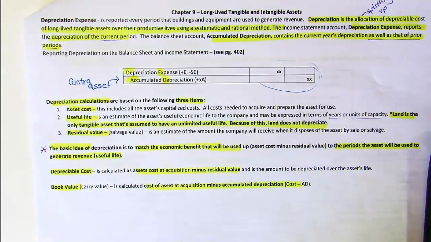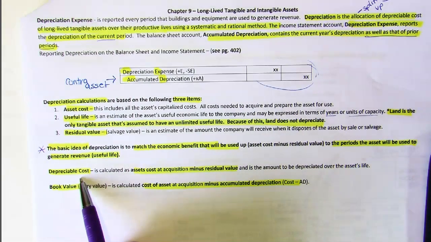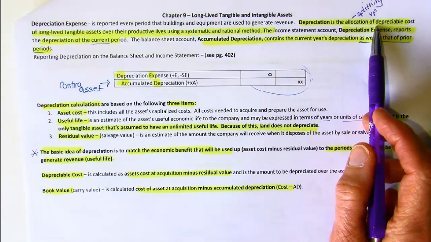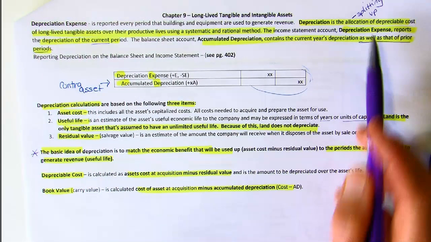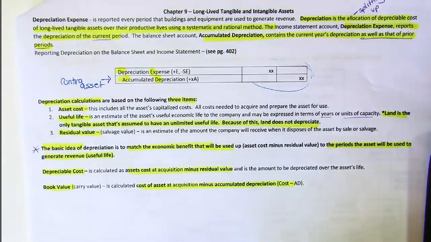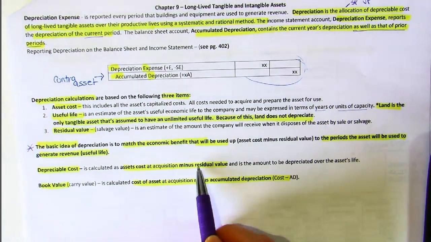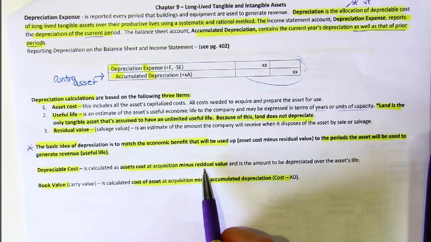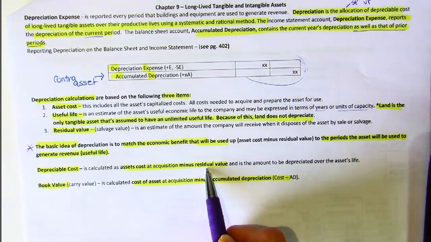Now, a couple of definitions. Depreciable cost. Up here we use the word depreciable cost, allocating or splitting up the depreciable cost. That's the amount you want to depreciate. It's the original cost less the residual value or salvage value. We don't want to depreciate that portion because we think that that's how much it will be worth when we use it up, when we're done using it, I should say.